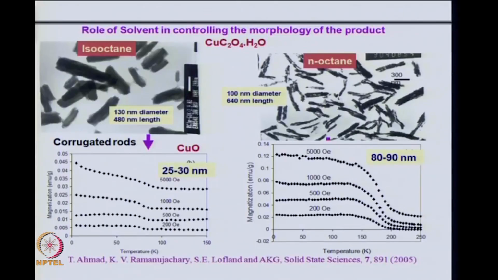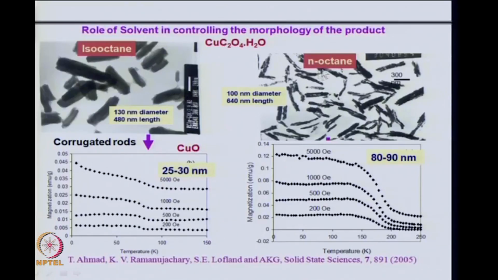You are taking the same surfactant CTAB, and in one solution copper and in another solution oxalate ions, and you are mixing them, intermicellar exchange occurs and copper oxalate hydrate forms as crystals, and in isooctane you see much larger particles like this.